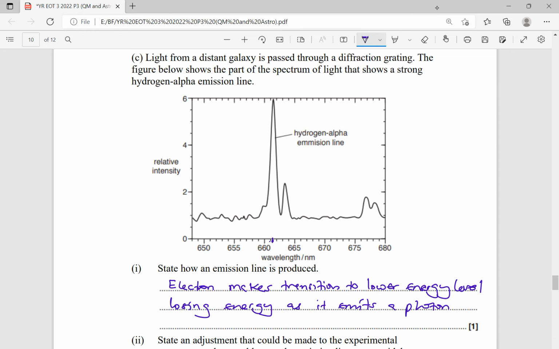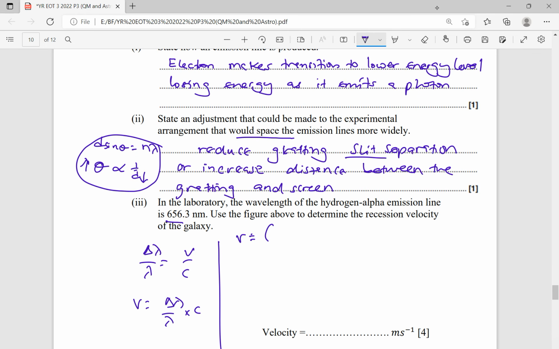You can use a ruler on your paper. So this will be 661.5 minus 656.3. That is the difference in wavelength. Divide by the wavelength in the laboratory, 656.3.